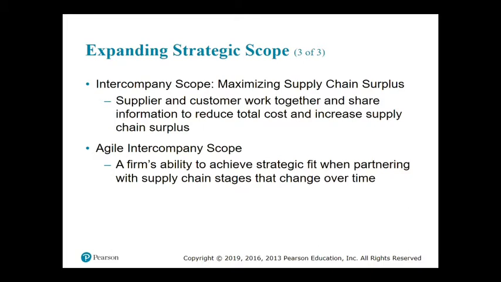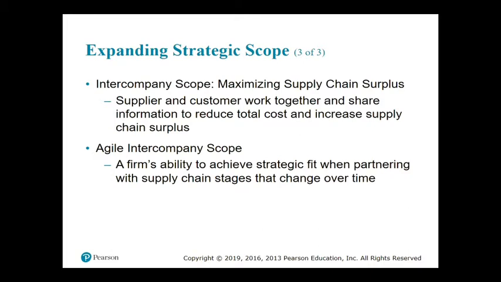So one example is Walmart and Procter & Gamble. Walmart used to plan the promotion separately from Procter & Gamble, and one negative consequence of that is, when Walmart ran a promotion, Procter & Gamble would face a huge spike in the demand, and they had to do overtime, they had to expand their production capacity in order to fill that demand.